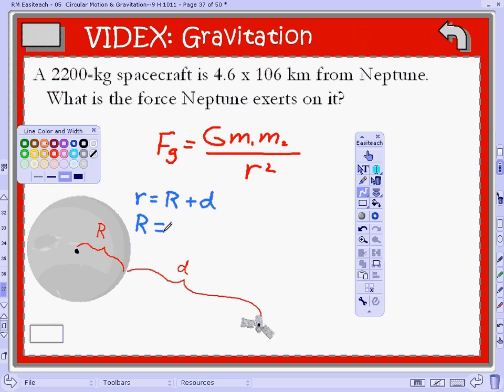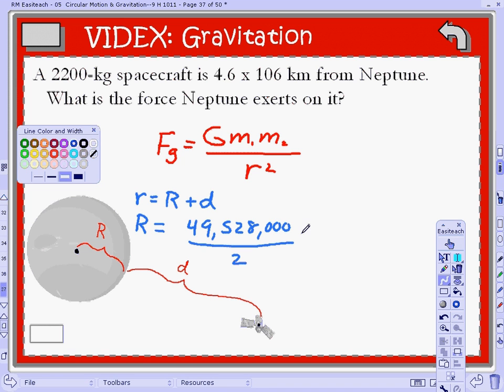It's 49528, but that was in kilometers, so I'm writing it down in meters, and I'm multiplying by 1,000. But I need to divide that by 2. And that works out to be the radius of the planet.